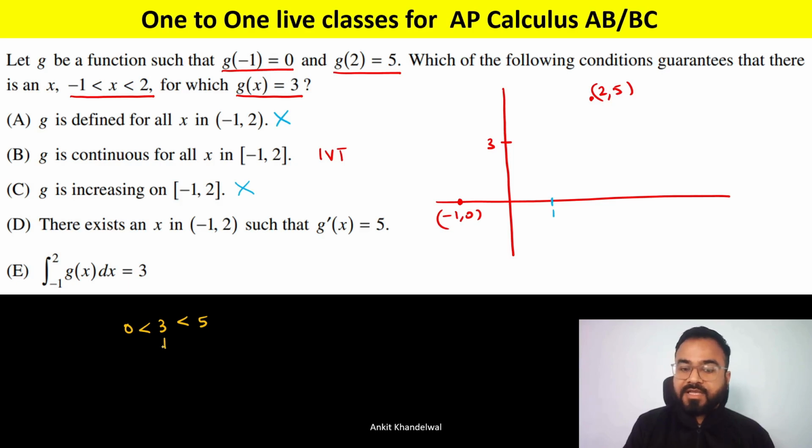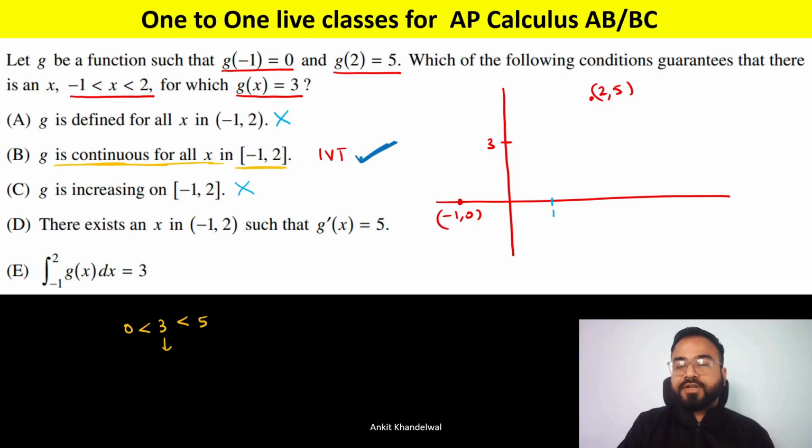For this 3, there will be at least one input value in the interval -1 to 2. This is guaranteed by the Intermediate Value Theorem. The only condition is that the function should be continuous in the closed interval.